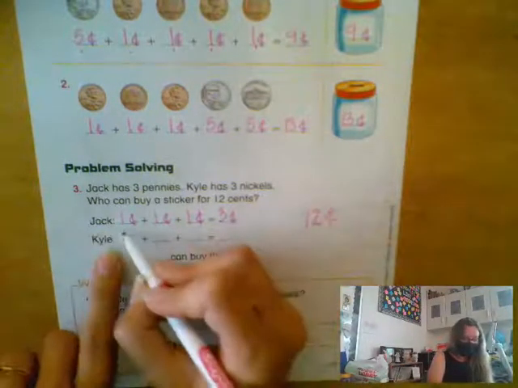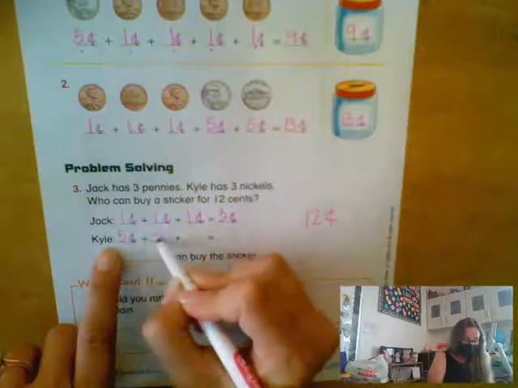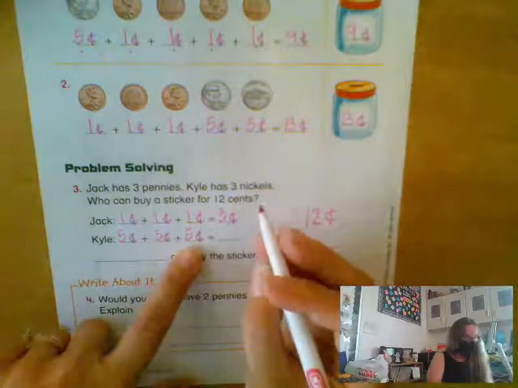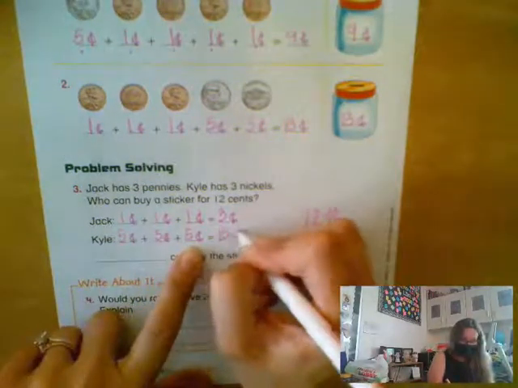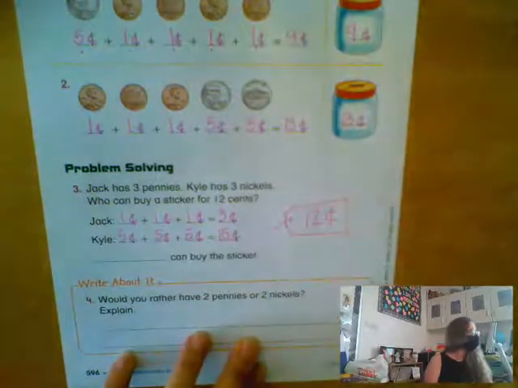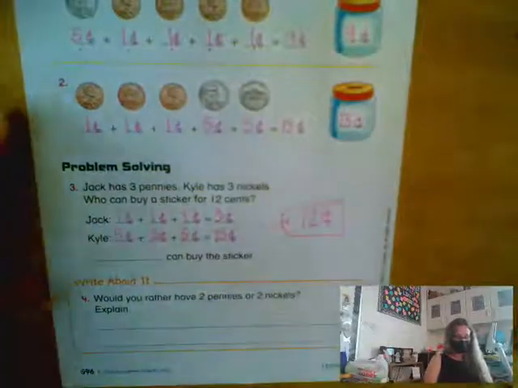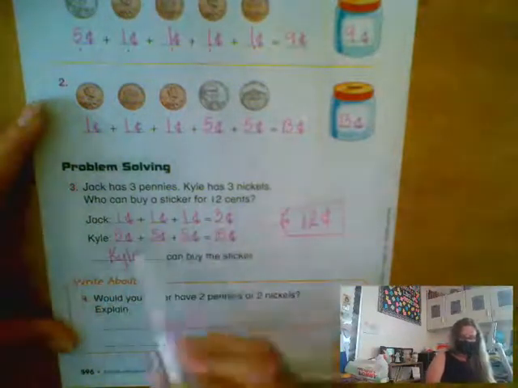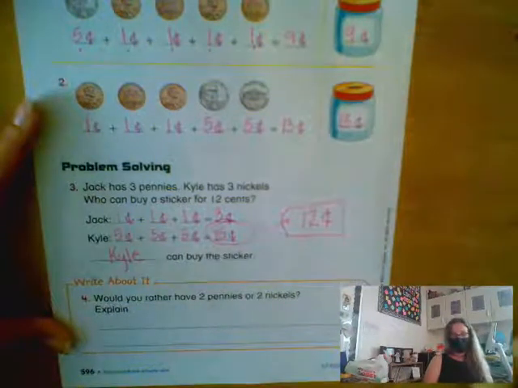And then Kyle has 5 cents, 5 cents, 5 cents. So how much does he have? 15 cents. So if there's a sticker on sale for 12 cents, who can buy it? Kyle can buy it because Kyle has 15 cents.